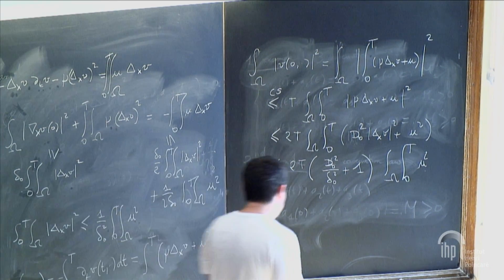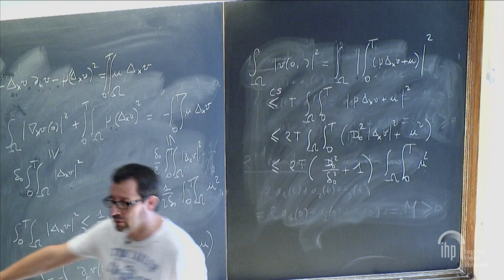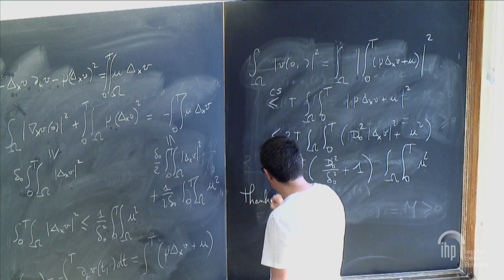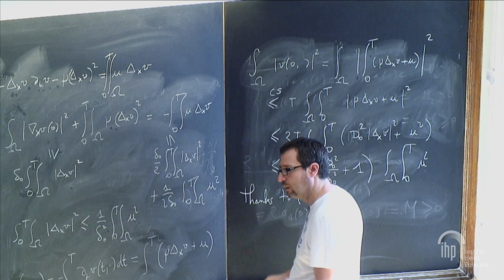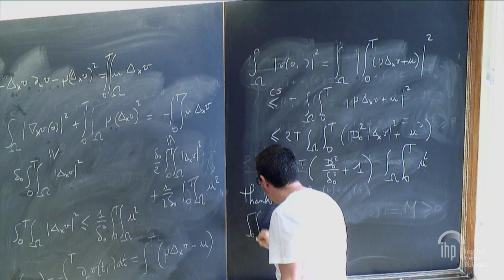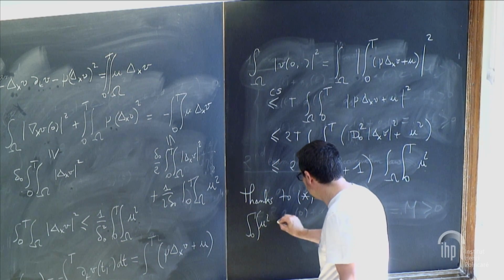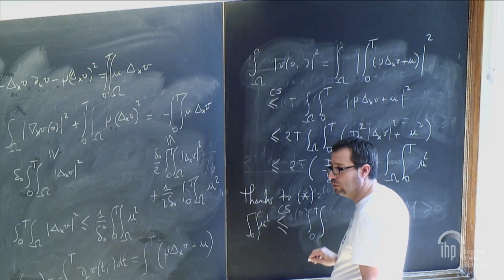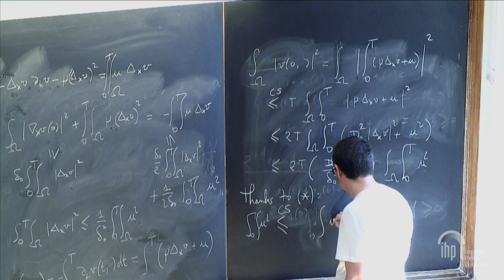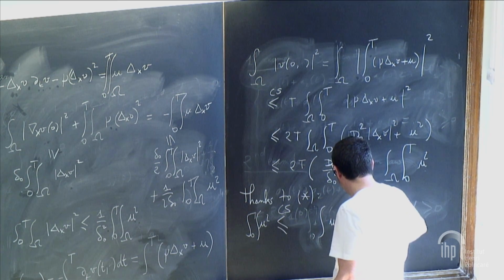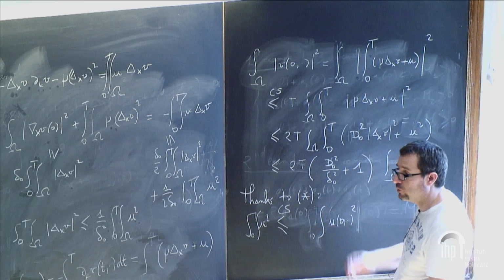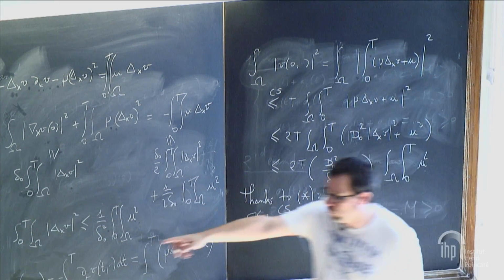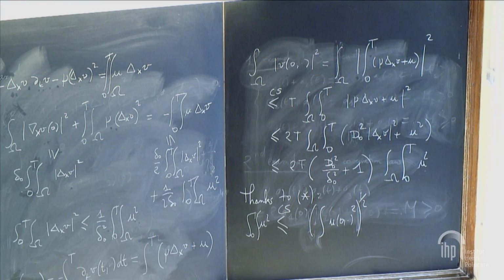Okay, so in order to conclude, I now come back to star, and I see that, thanks to star, the integral of u square is dominated by Cauchy-Schwarz by the integral of u at time 0 square, to the 1/2, times the integral of v at time 0 square, to the 1/2.